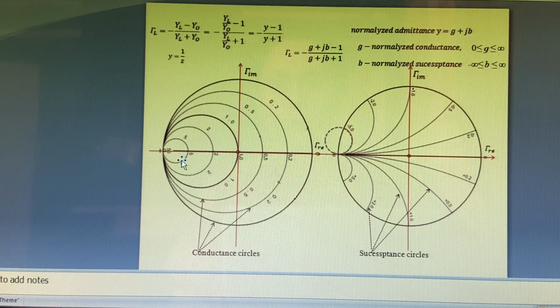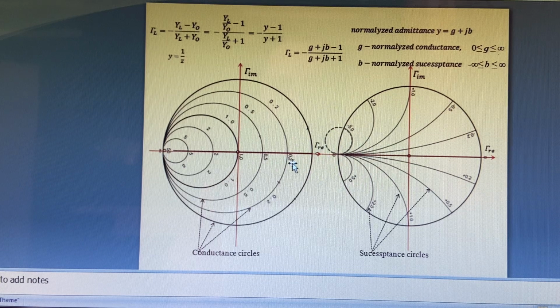Like that, as the conductance increases, the circle radius reduces and the center shifts towards the left side. So for every value of G, there is a circle in the reflection coefficient plane. The values of G are written below the horizontal line like this.